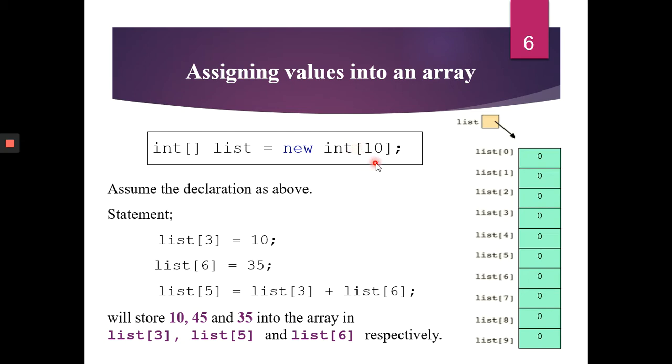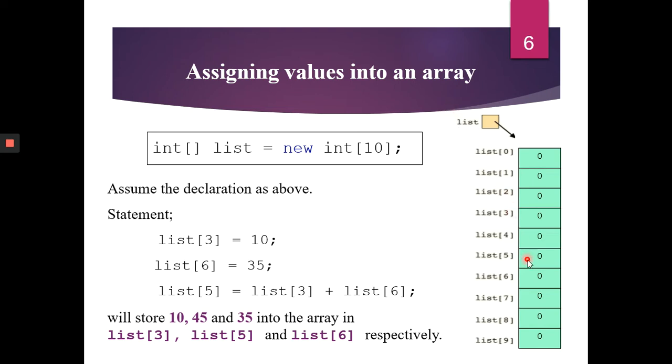The size is 10. So what happened in your memory is this one. You have an array list, and you have values 0 placed in your array, because it is the default value for integer. And your index starts from 0 until 9.